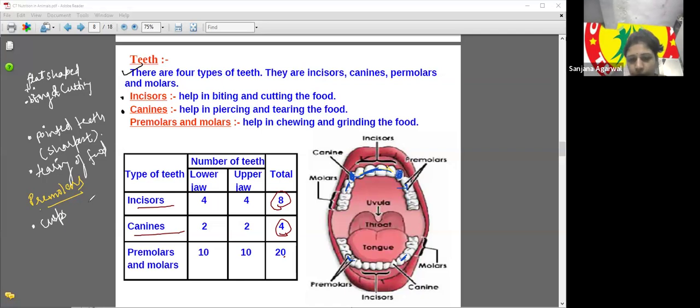In this picture it is shown that premolars and molars together are 20, but separately premolars are 8 in number, 4 pairs: 2 pairs in the upper jaw, 2 pairs in the lower jaw.